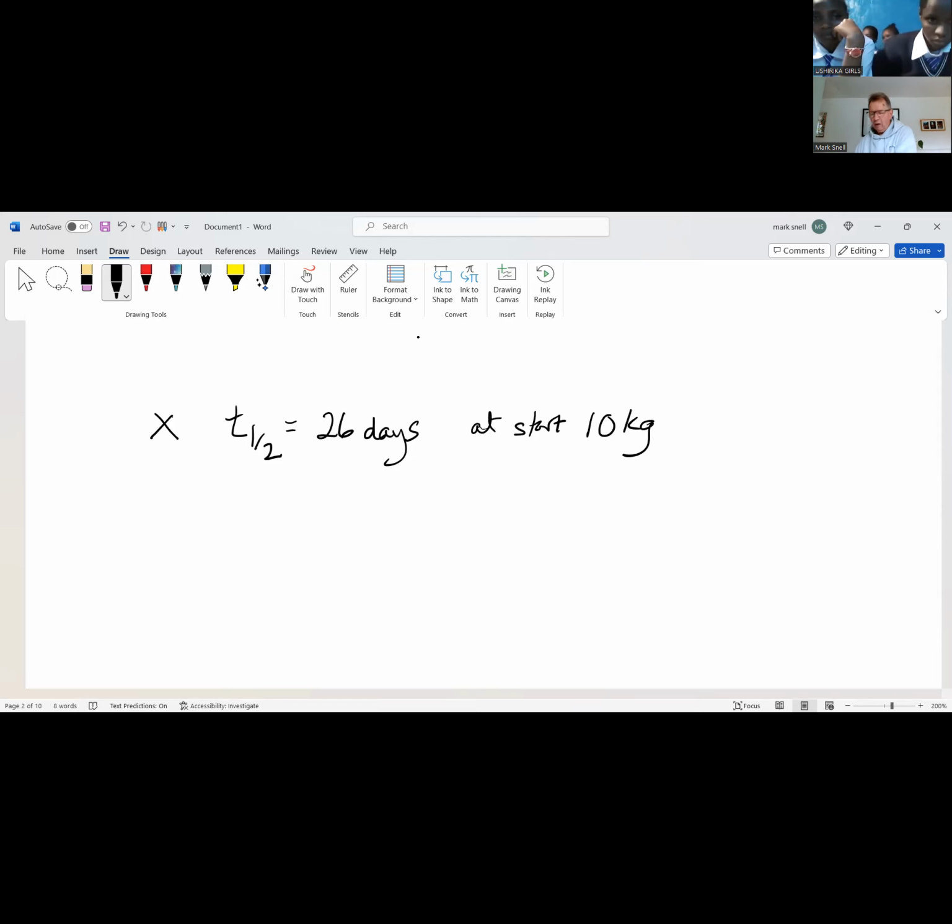Then how long will it be before we get down below 2 kilograms? How long before the mass is less than 2 kilograms? Just see if you can have a go at that.